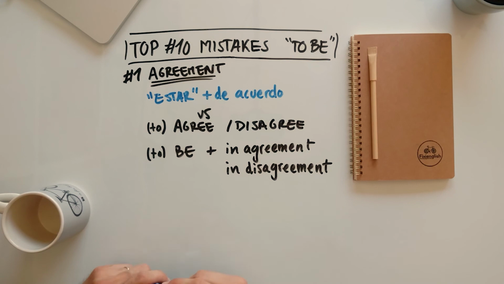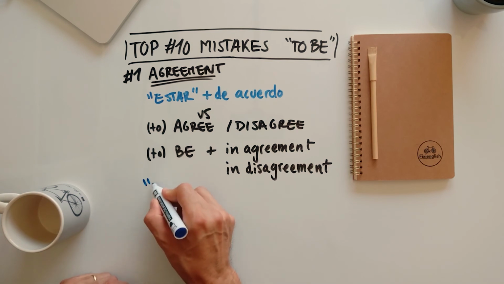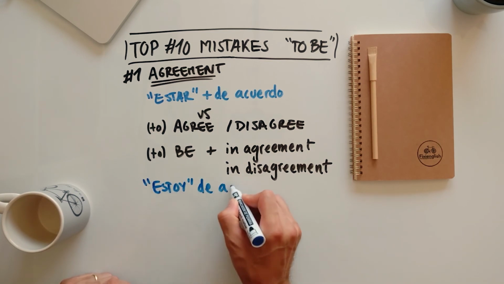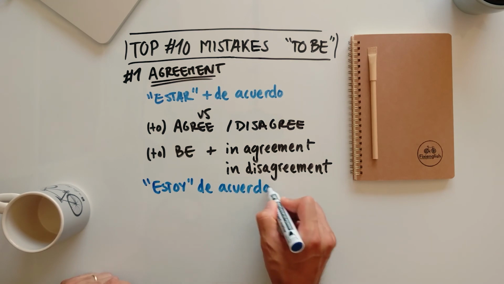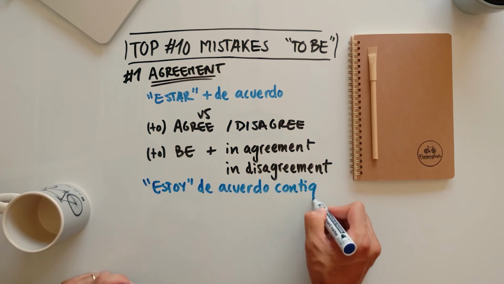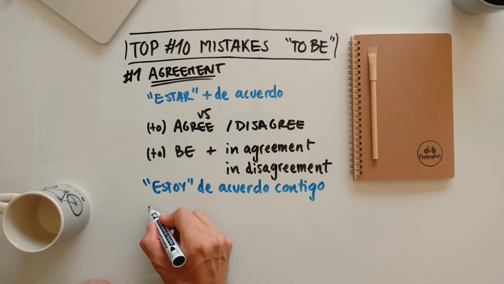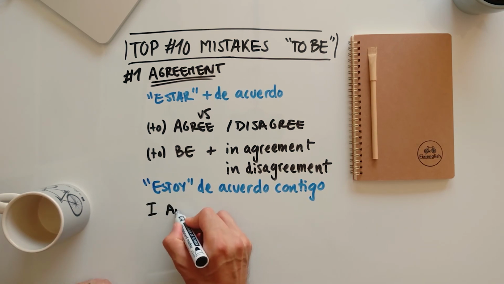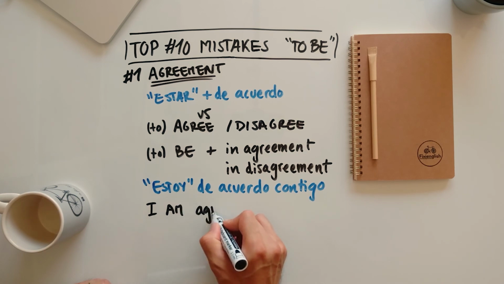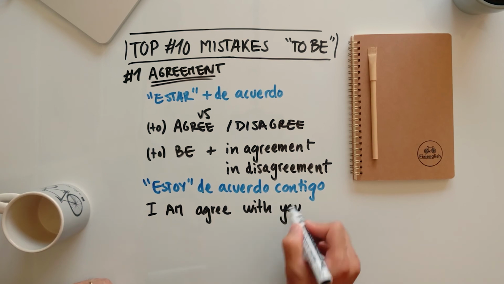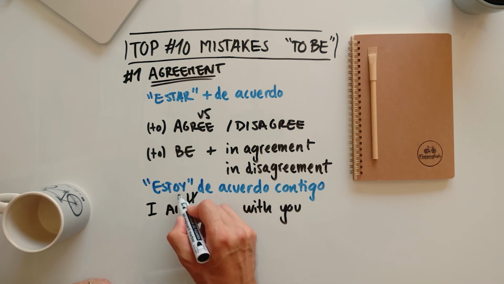So, what is the most common mistake we tend to find when people are trying to express this in English? If we take the example, estoy de acuerdo contigo, people would normally say this saying the following: I am agree with you. But this would be wrong.